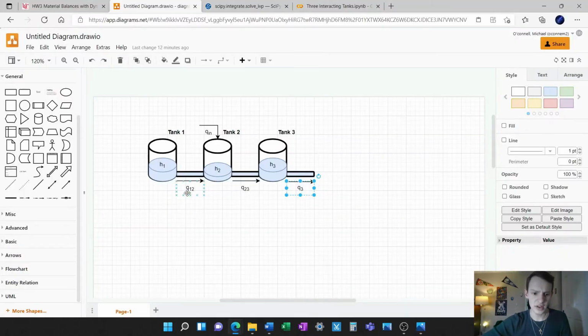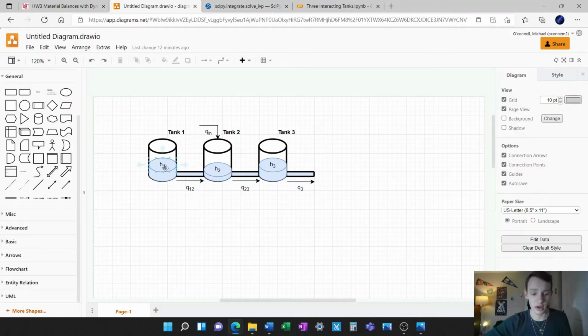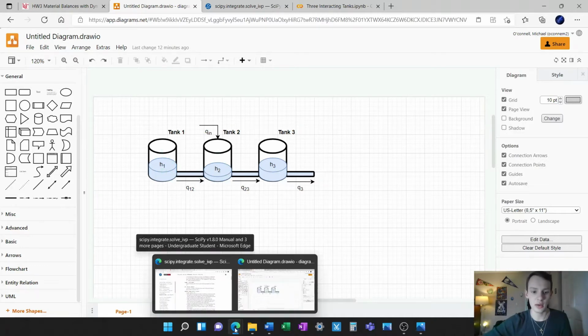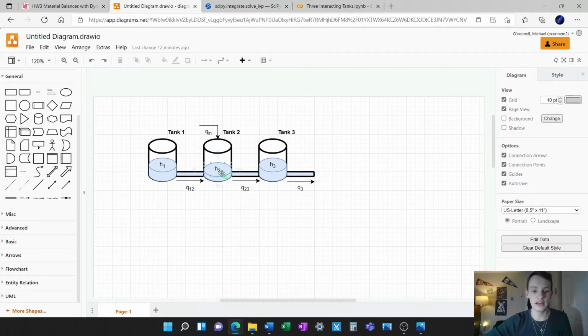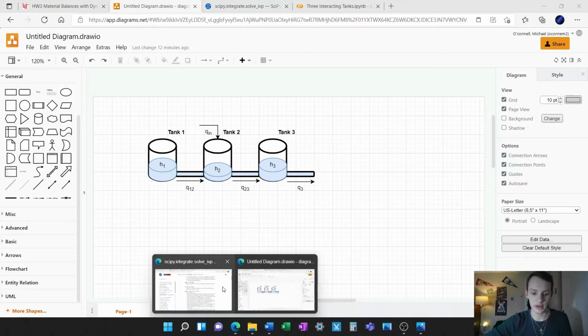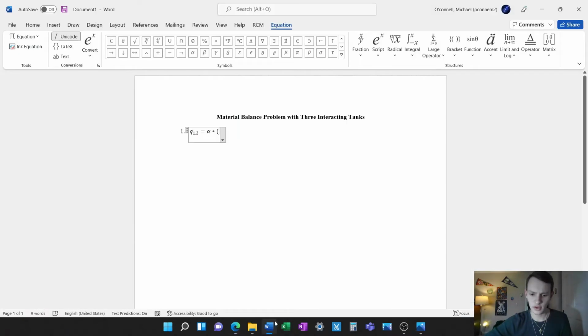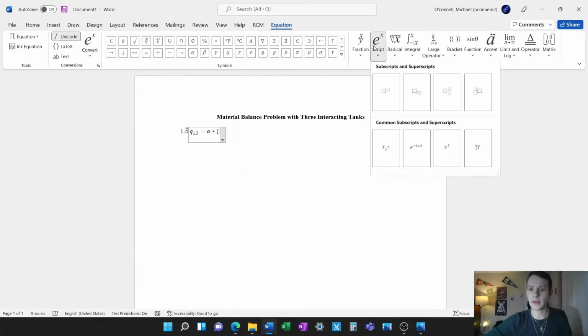Now, as I said before, flow from tank 1 to tank 2 is going to be positive. But this is going to be based on the height difference. And assuming that the flow is going to tank 2, we're going to want H1 in front there. So that is going to be important for us.